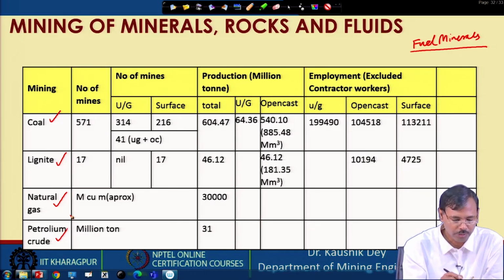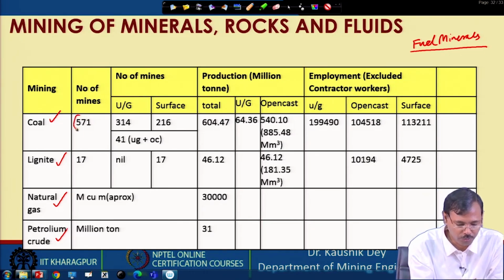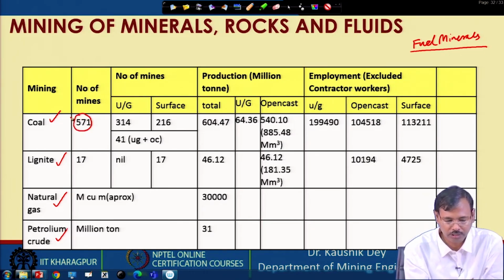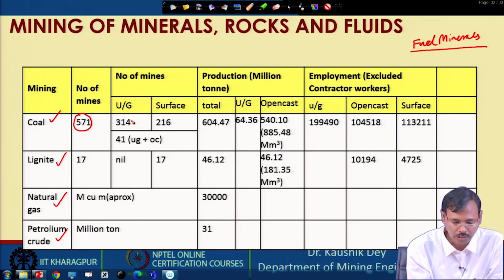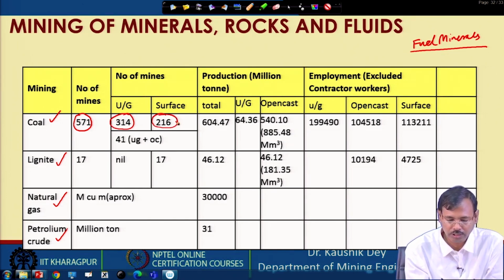For coal, we have 571 mines under operation. In underground we have 314 mines, 216 mines are operating on the surface, and there are 41 mines operating both in underground and open cast.